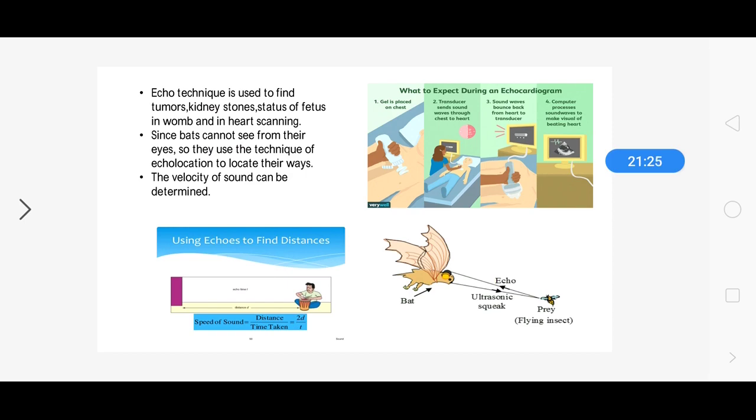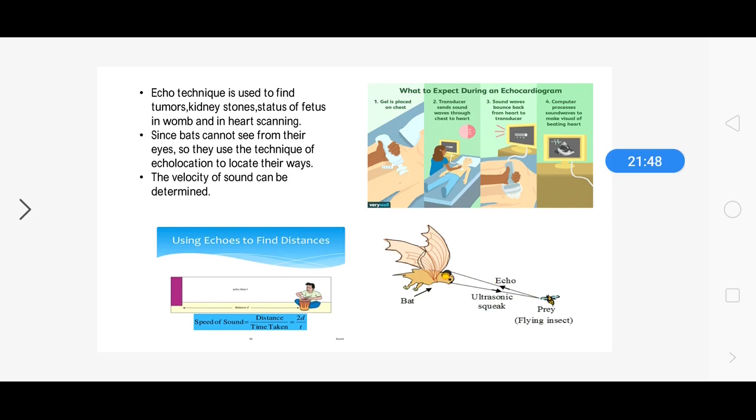And here the echoes are used by bats. Since bats cannot see at night, they use the echo concept, echolocation, to locate their way.